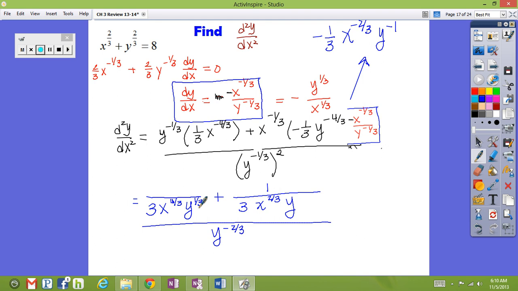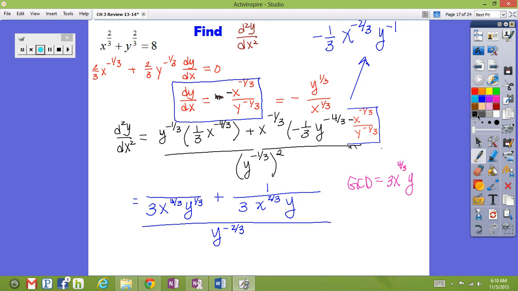Common denominator would be highest power, so x to the 4/3, and then over here, y. So the GCF, greatest common denominator, is 3x to the 4/3, and then y.